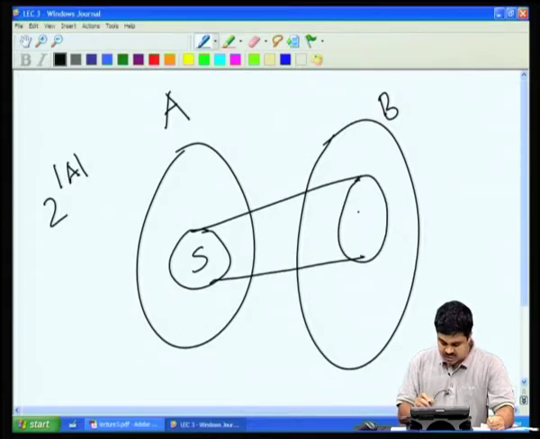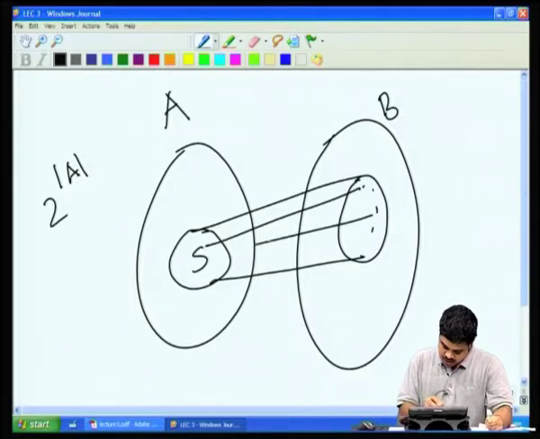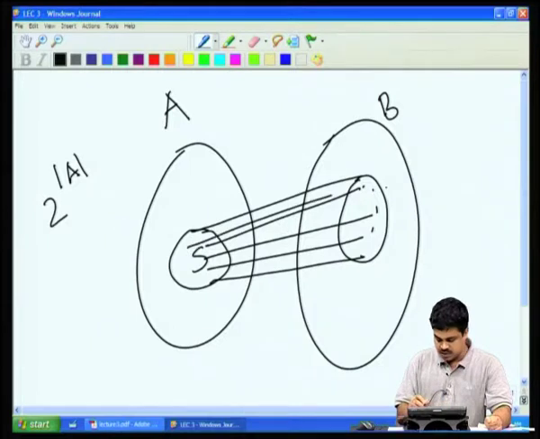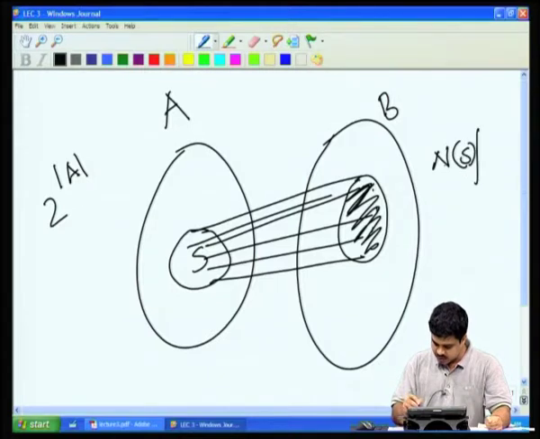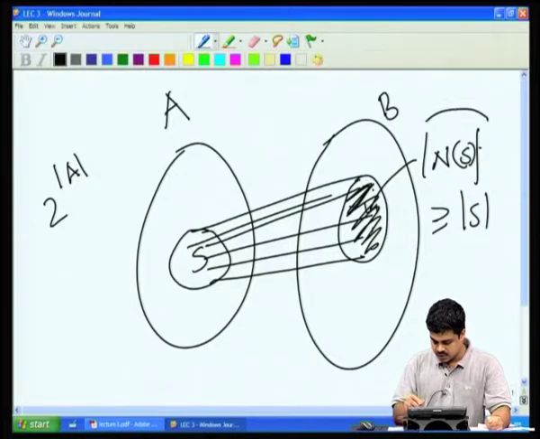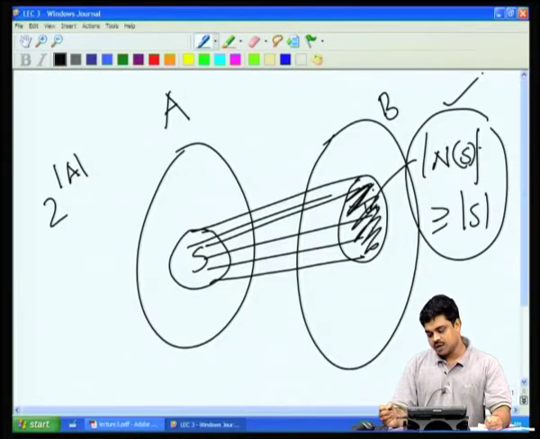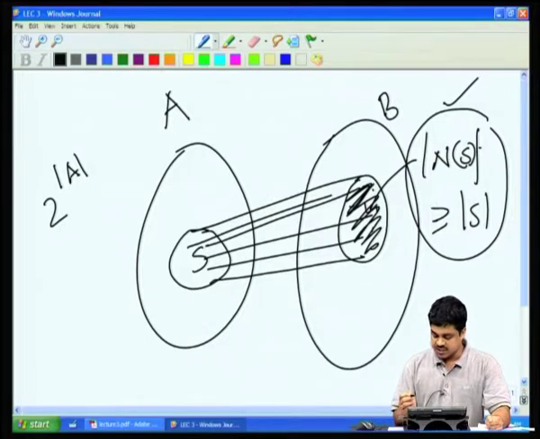The neighbors means the vertices of B, which has at least one connection to S. If the number of neighbors is greater than or equal to the cardinality of S, then we say that Hall's condition is satisfied.